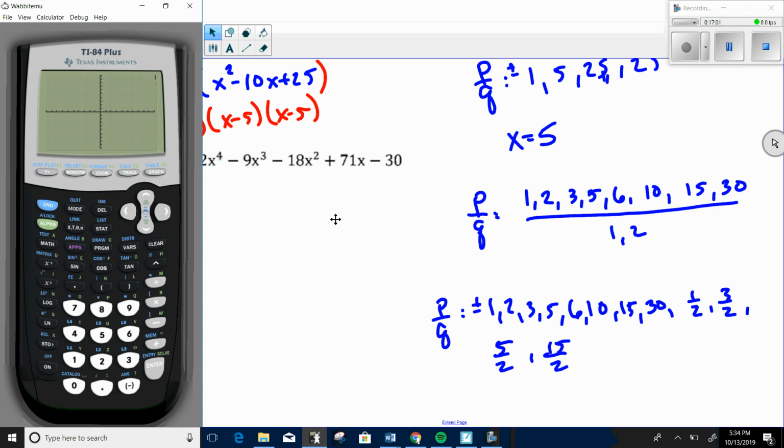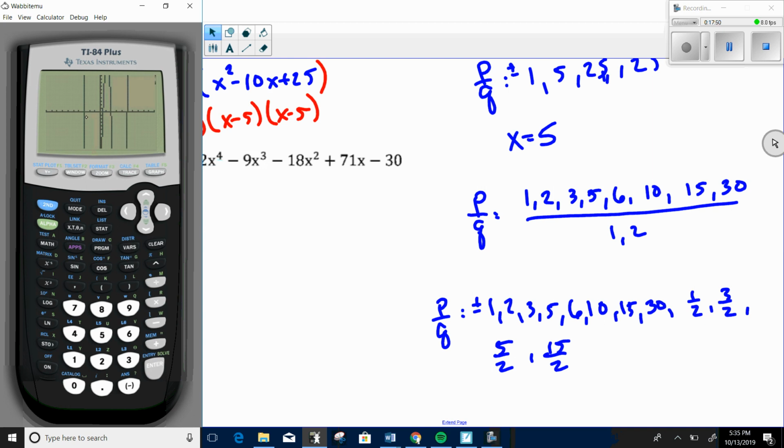So if it doesn't show up here in just a minute, then I'm going to go back and double check and make sure I typed it in. 2x to the 4th minus 9x cubed minus 18x squared plus 71x minus 30, and that's why it's not showing up, is because I didn't go back in and delete all this other stuff, and it was just typing, so it just pushed everything to the right, and now I had a crazy graph. So now let's try this again. Hopefully it works out a little bit better.